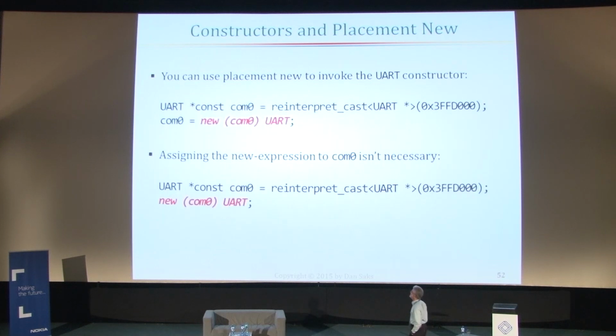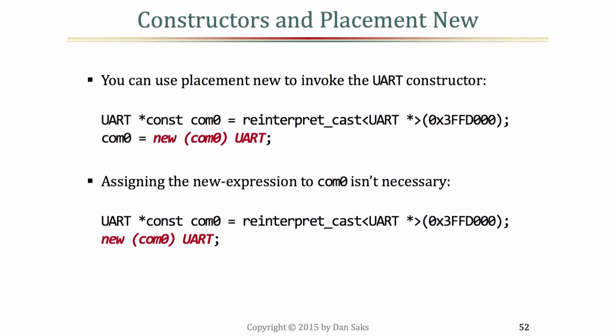Next. So applied to our UART, this is what it looks like. You still do the same reinterpret cast the way you did before. But then you follow it up with a placement new, and that has the effect of running the constructor at the location that you just identified as the memory mapped location of the UART.